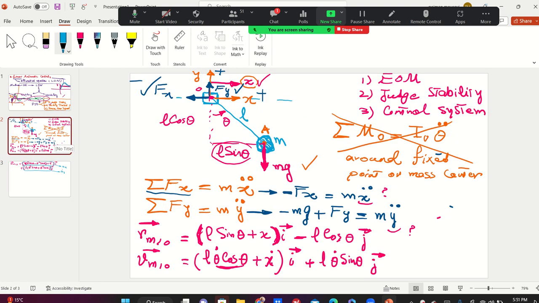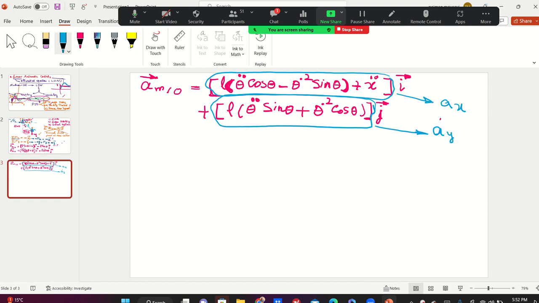So I'm gonna put here minus fx equals this: L theta double dot cosine theta minus theta dot square sine theta plus x double dot.